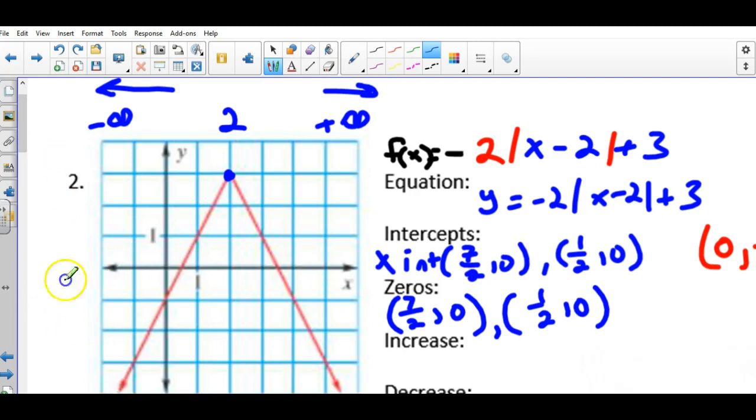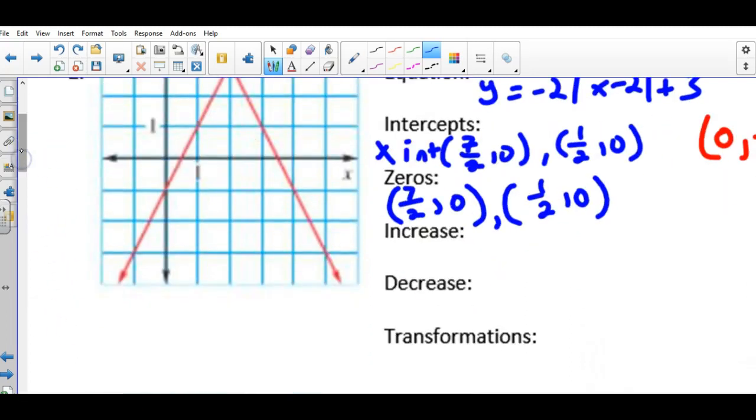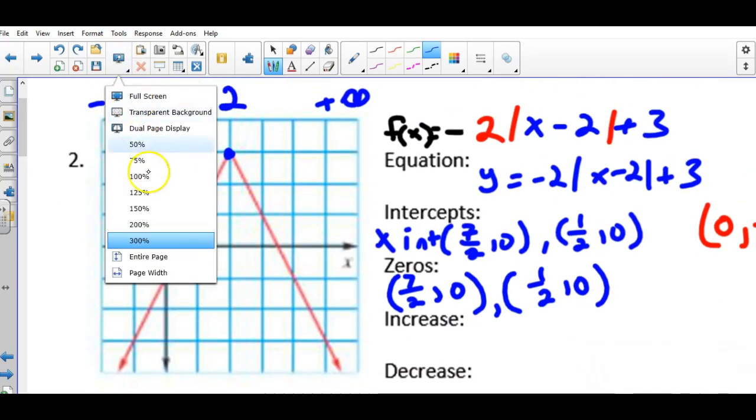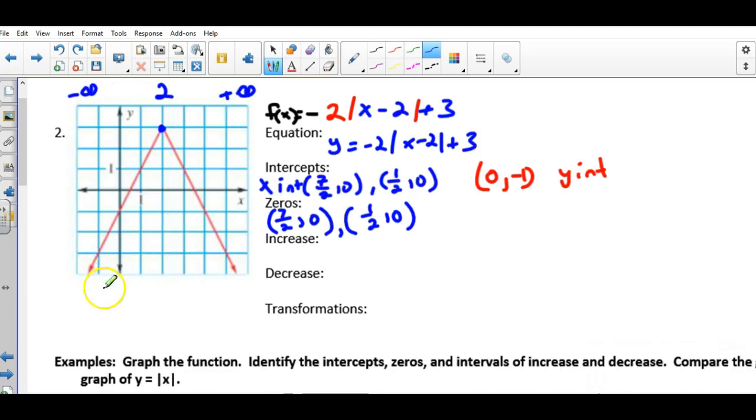Okay? So now let's address our graph from left to right. Remember, you have to look at a graph from left to right. Let me zoom out a little bit so y'all can see. From the left side, follow this line to the vertex. You're going up, so that would be an increase. Then from the vertex going down, that's a decrease.